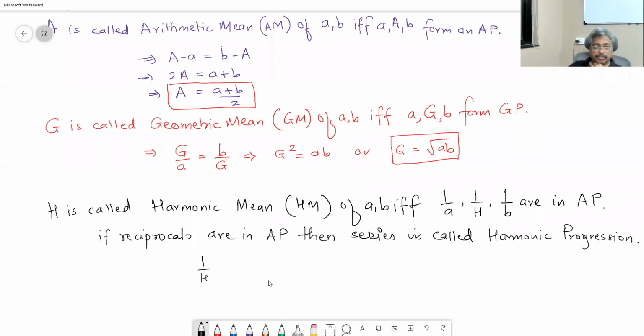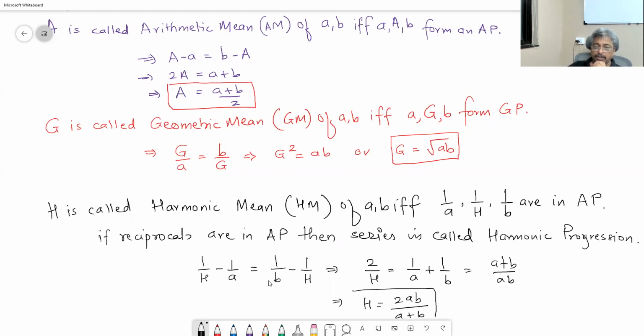Therefore 1 upon H minus 1 upon a is equal to 1 upon b minus 1 upon H, implies 2 upon H is equal to 1 upon a plus 1 upon b, which implies H is equal to, maybe I can write this as (a plus b) upon ab. H is equal to 2ab upon (a plus b), the harmonic mean.